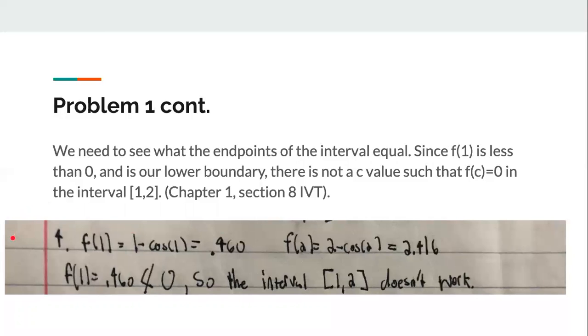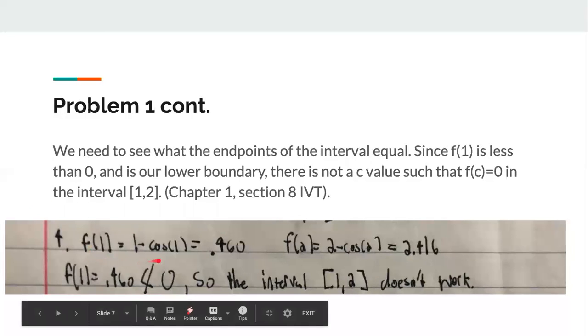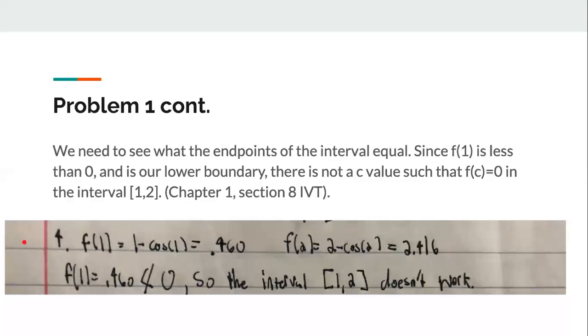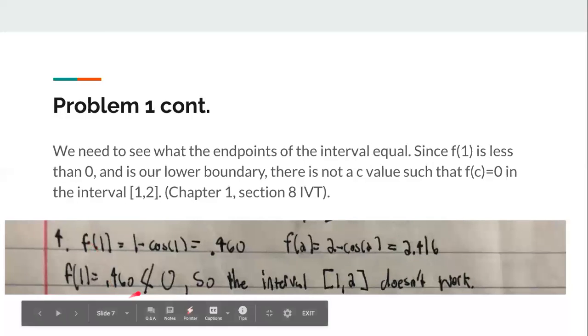So we're going to take our lower boundary first, f of 1, plug that into the function, and we get about 0.460 with some rounding. And then we take 2, we plug that in, and we get about 2.416. So then we check, and we realize that f of 1, which equals 0.460, is not less than 0, which was what our original function is equal to. So the interval from 1 to 2 will not work, and there's not a solution on that interval.